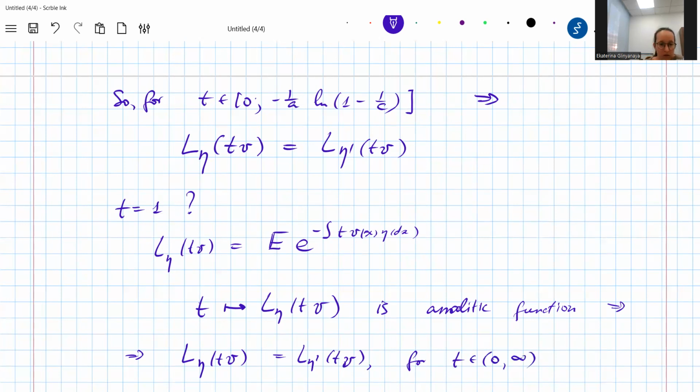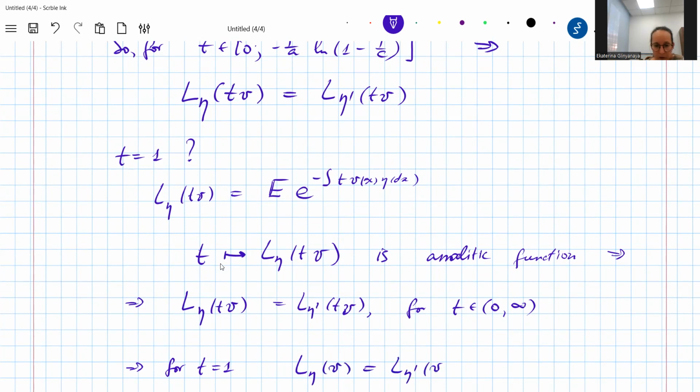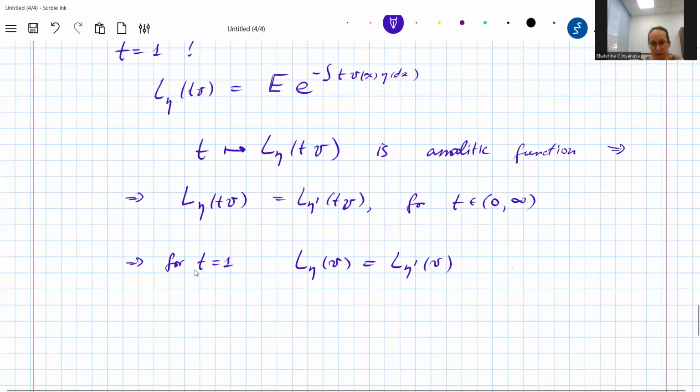And this means that we can take t equal to 1. So for t equal to 1, we get that the Laplace transform of eta is equal to the Laplace transform of eta prime. And this proves the statement.